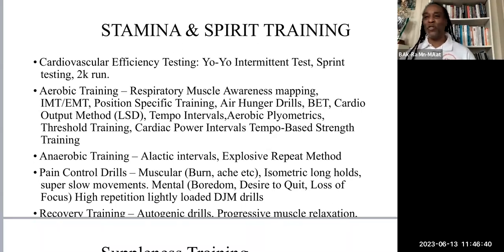One of the great tools, a couple of them right here: isometric long holds and super slow movements. So can you imagine you staying in a batting posture, and I say hold that posture for 3 minutes, right? Then you may want to quit before the 3 minutes because things start to burn, and you have to push through that, develop that resilience and that mental toughness.